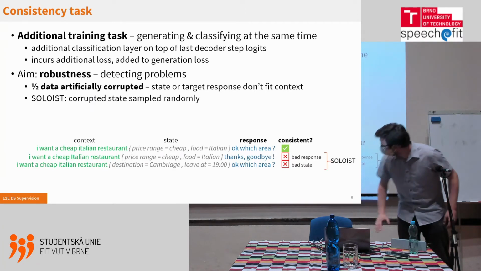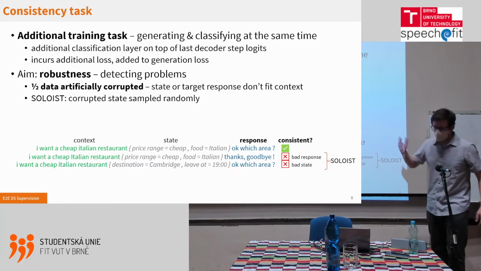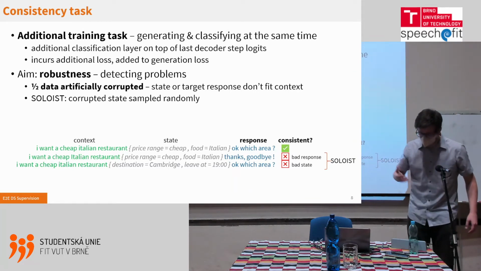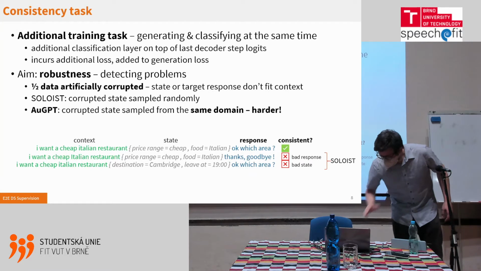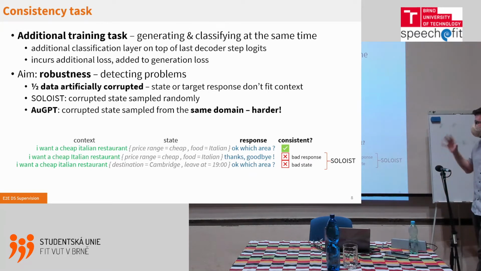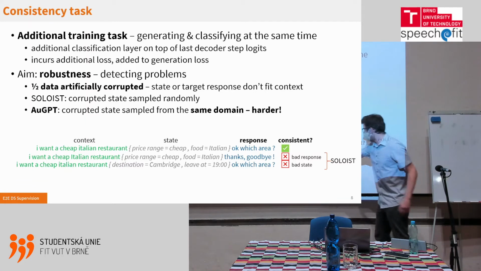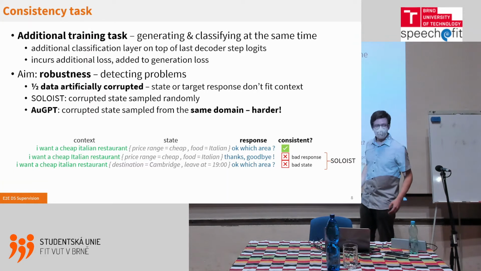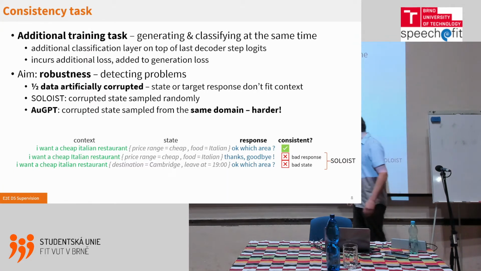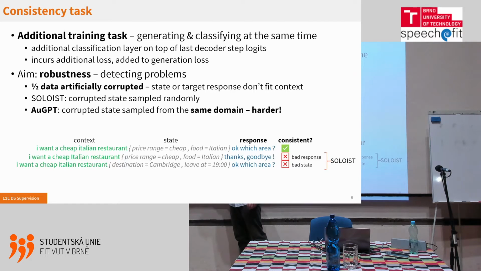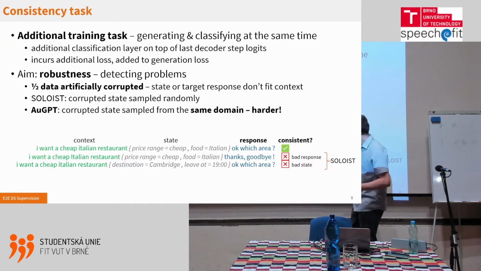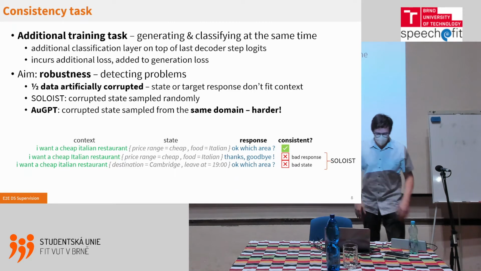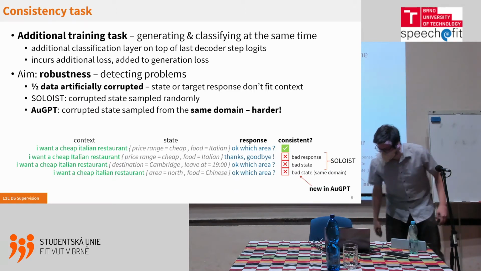And this was already included in the previous system that ours is based on. What we tried is, if you look at this inconsistent state, it was sampled randomly from the data from all the possible domains, and it's relatively easy for the model to figure out that if the context is about restaurants and the state is about something else, such as trains, it's probably not consistent. So it's a relatively easy task. So we made it harder for the system.